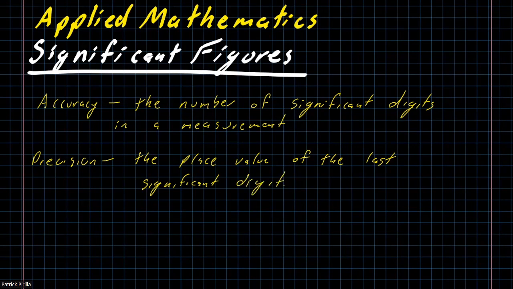The general idea is that accuracy refers to the number of significant digits in a measurement, and precision refers to the place value of the last significant digit. The obvious question from here is, what makes a digit significant?